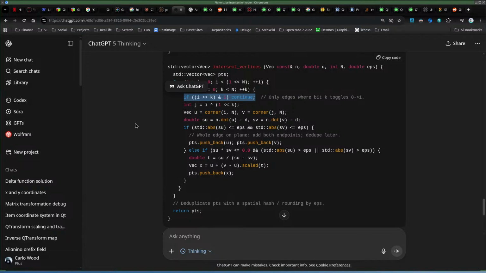I'm first going to copy this. Okay, so we run over all corners and then all dimensions, and then only if the bit is not set, we continue and then we toggle it.